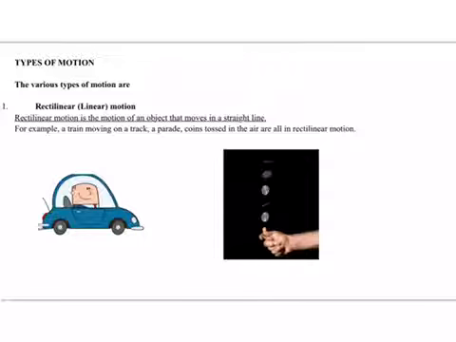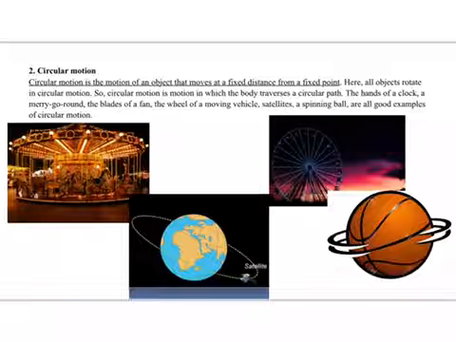We have many types of motion. The first one is linear motion. It's the motion of an object that moves in a straight line. For example, a moving car, a train moving on a track, the coins tossed in the air, they are all linear motion. Circular motion is the motion of an object that moves at a fixed distance from a fixed point.